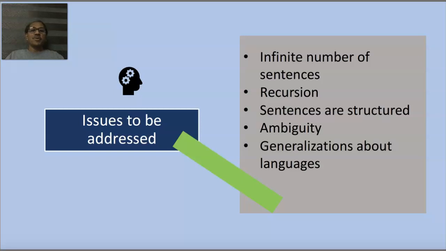Then a very important aspect of theory of grammar is that it should account for generalities or generalizations about all languages. All languages look different, but there may be certain commonalities which need to be accounted for in a theory of grammar.